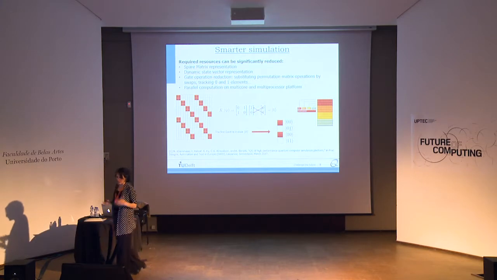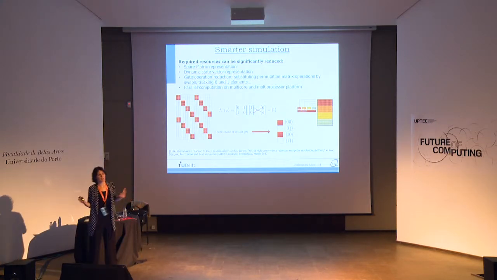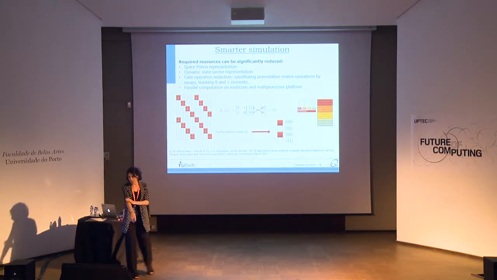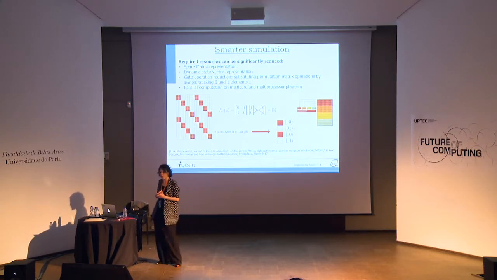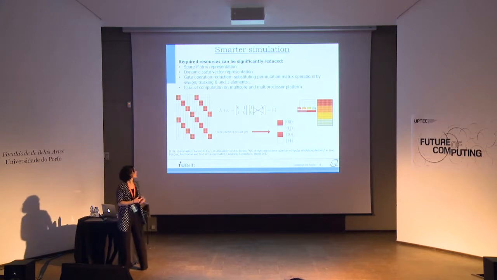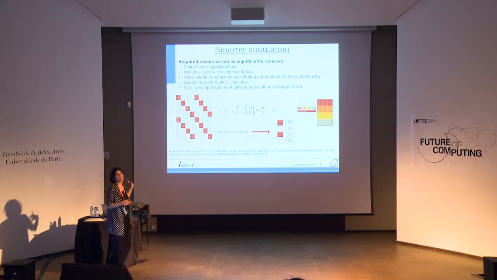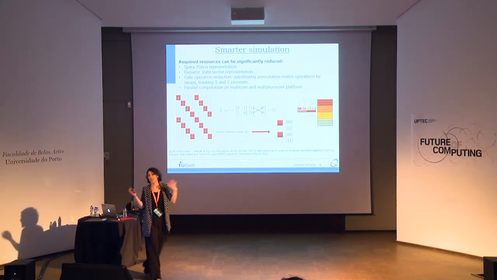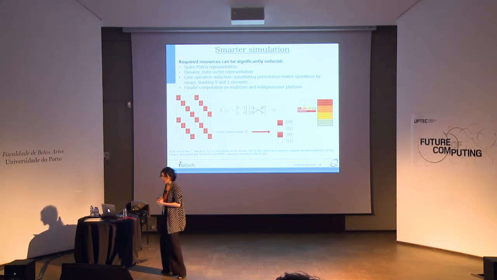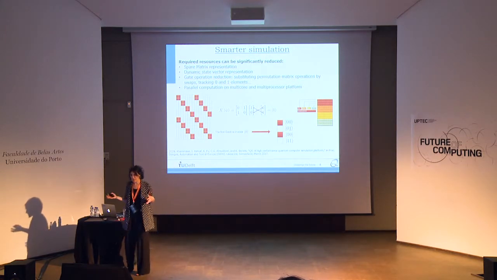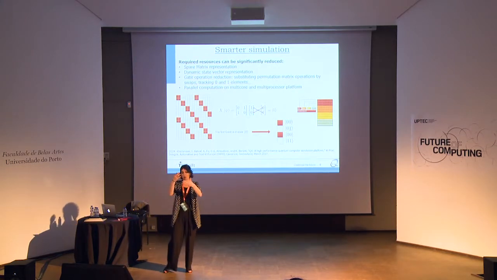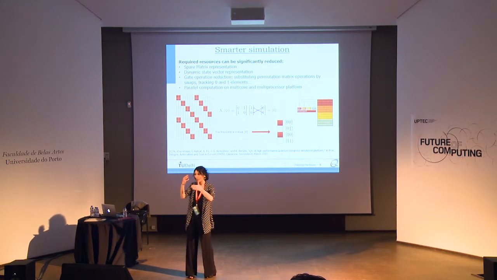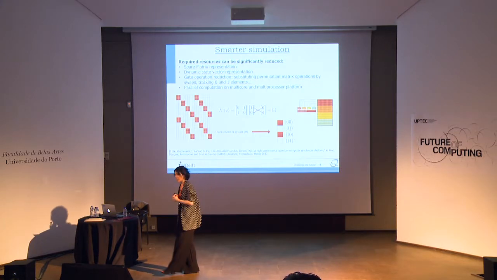So in the QX simulator, Nader has implemented some of these optimizations in order to reduce the memory and the computational requirements. For example, sparse matrix multiplication, in which you only store the elements that are 1 in your matrix. You can also do dynamic state vector representation, in which you grow or shrink the size of your vector depending on the state that you have.